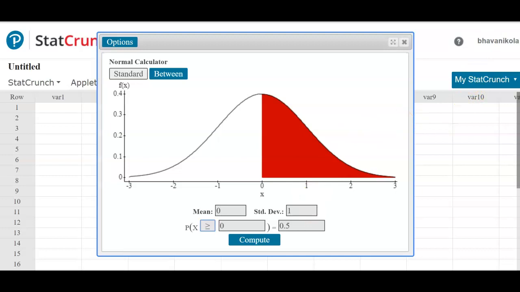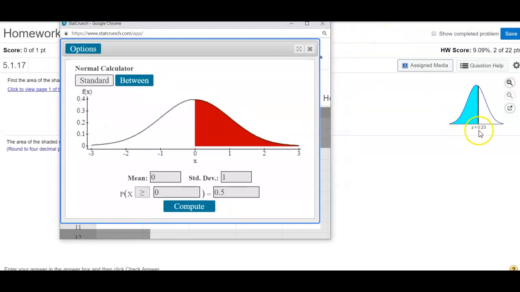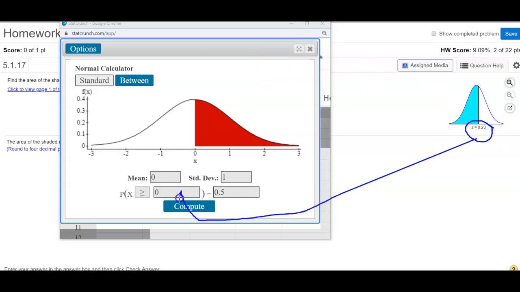Now let's go ahead and take a look at what we have in our problem here. So we have a z-score. Like I said, you will plug this z-score in this block and you'll find the respective area. So let me go ahead and do that.